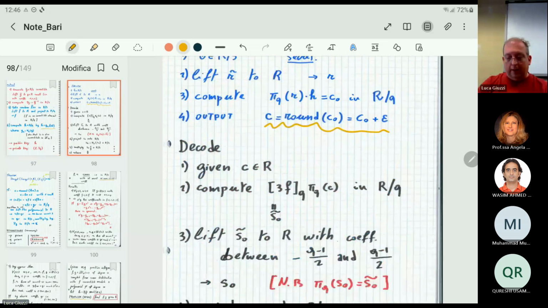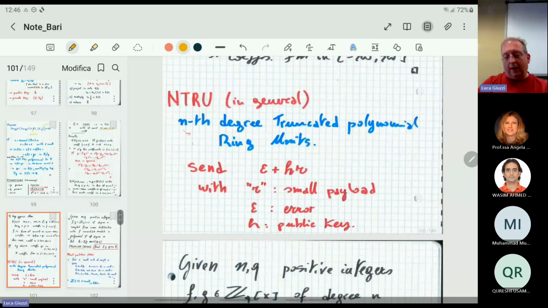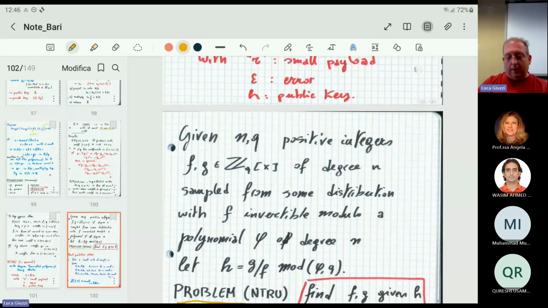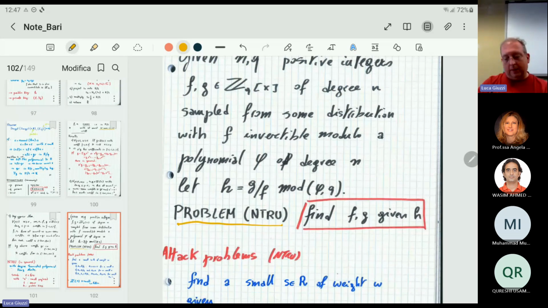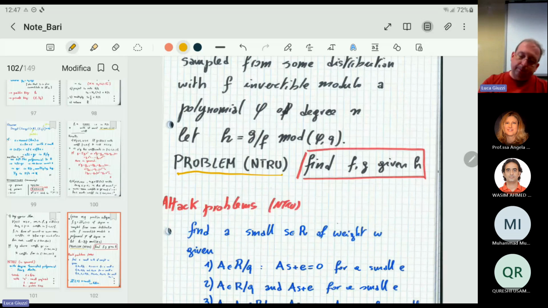In general NTRU, where there are fewer assumptions on the rings, we have that h is g over f modulo some polynomial of degree phi in Z_q. So the trick is you have h, which is a quotient of two things which are supposed to be relatively small, and then we want to find g and f.